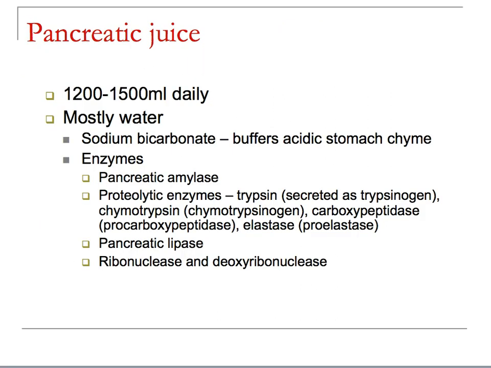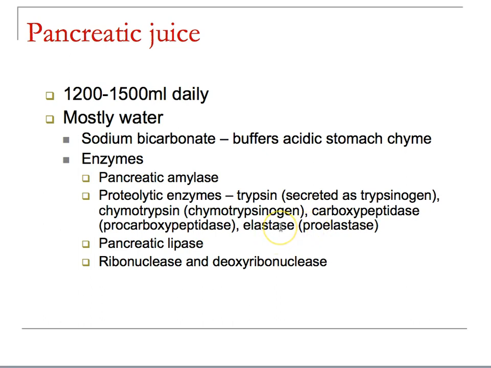What's inside of it? You make about 1,500 mils of this stuff daily, mostly buffers for the stomach chyme. That's the purpose of the sodium bicarbonate. And the enzymes are pancreatic amylases, proteolytic enzymes, and notice every single one of these is targeting a specific type of protein or connective tissue, which is made of a protein.